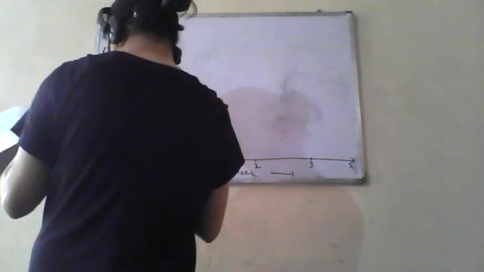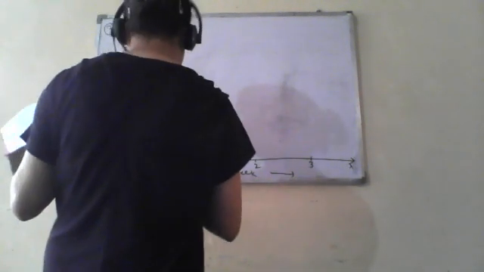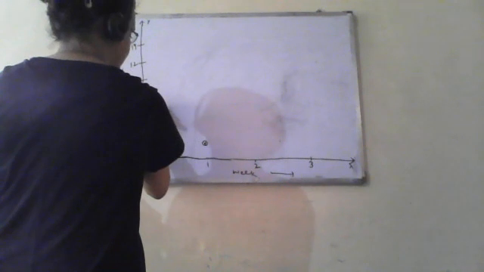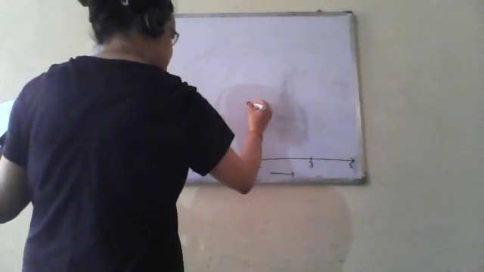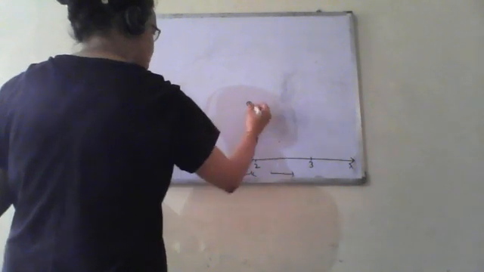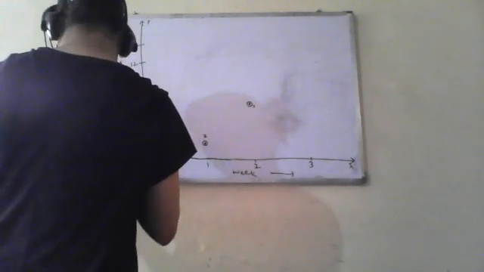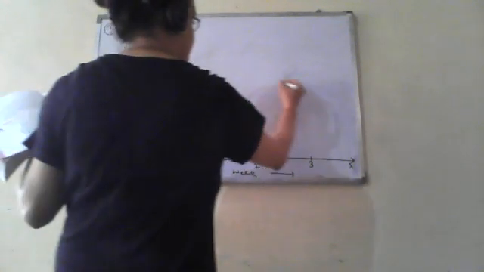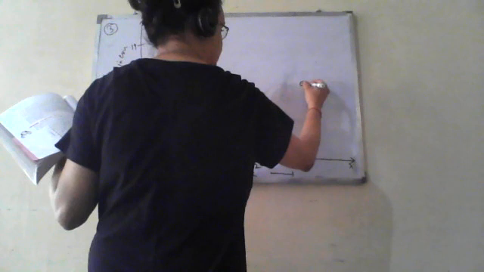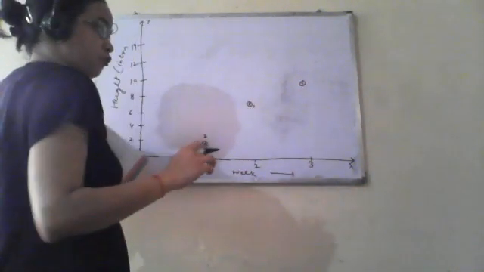Okay, growth was 2 centimeter, and at the end of the second week it was 7. This value is 7, and at the third week it was 9. So this was for plant A.